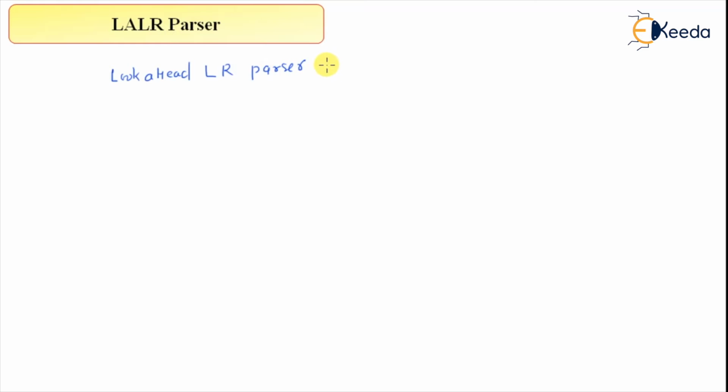You might be tired of this LR parsing, and you might be guessing what is the new thing we need to do in case of LALR to check whether the grammar is LALR. The answer is that we don't need to do anything new. No new collection required, no new table construction.